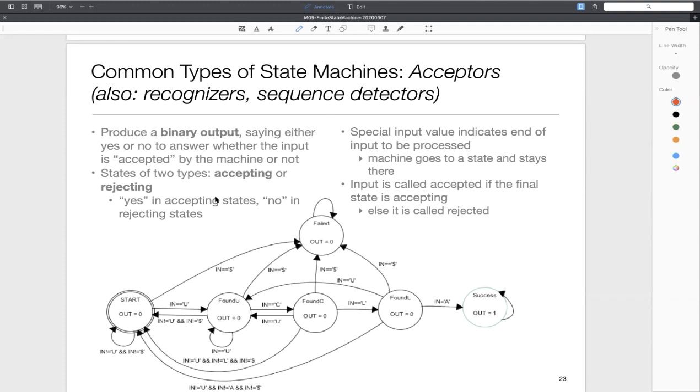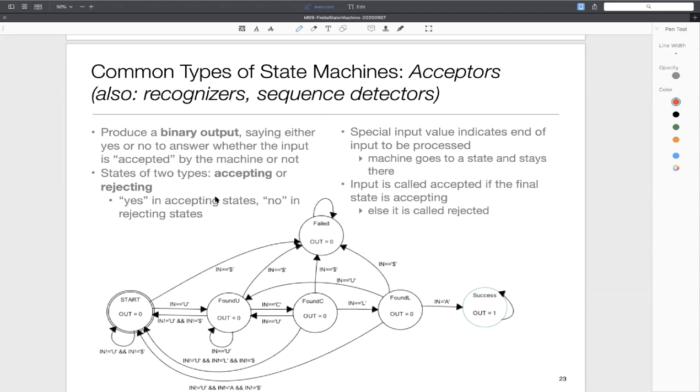So this particular state machine was an example where the scenario was that the input was receiving characters, and at some point the input would be terminated by a special character, which was a dollar character.